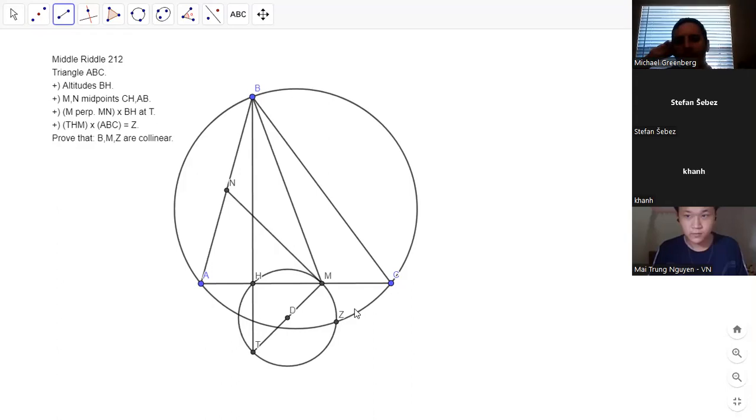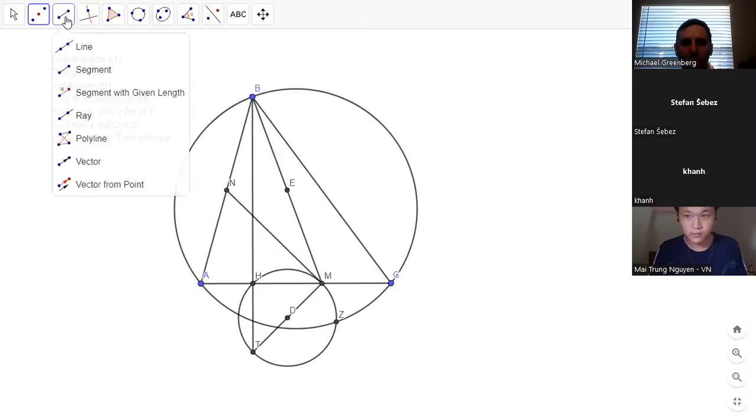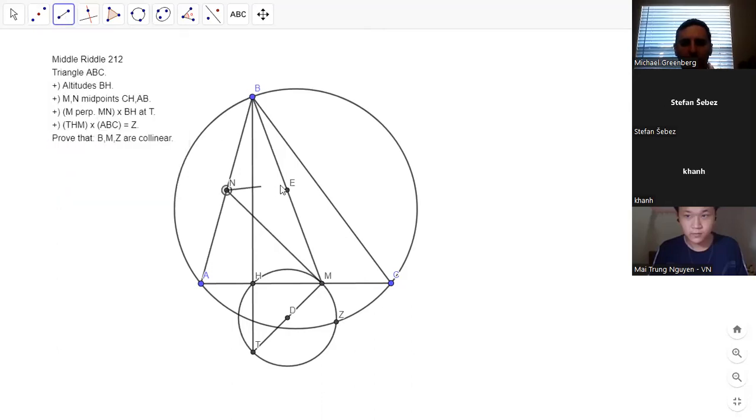Yeah, I guess we also need to use somewhere that N is the midpoint. Maybe I can draw the midpoint of BM, and that would help use, and I could use this and this.